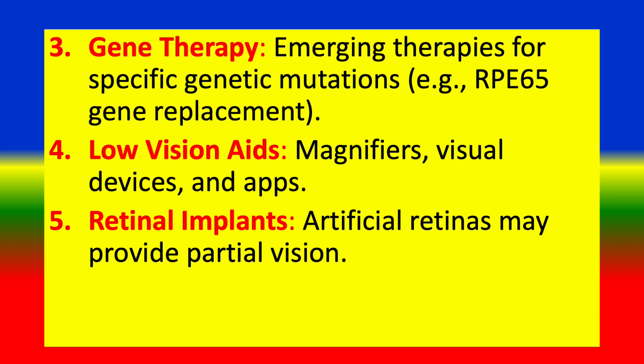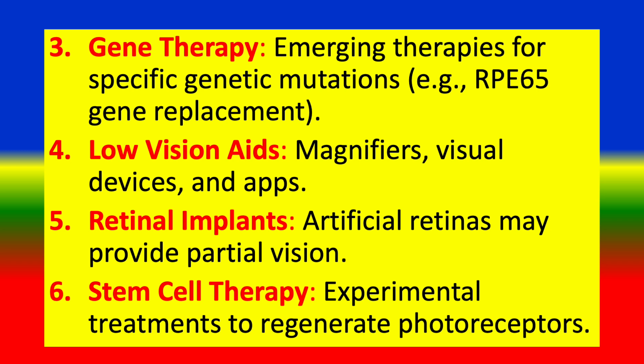Retinal implants. Artificial retinas may provide partial vision. 6. Stem cell therapy. Experimental treatments to regenerate photoreceptors.